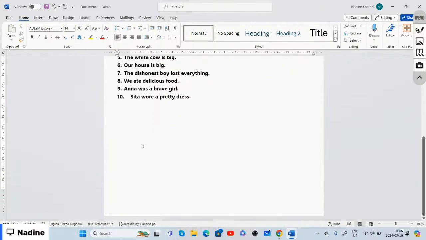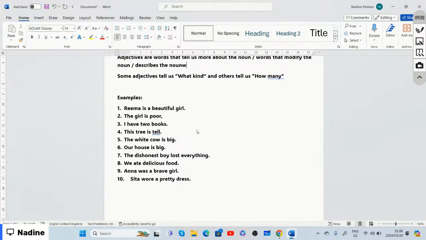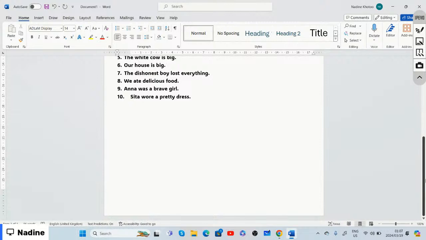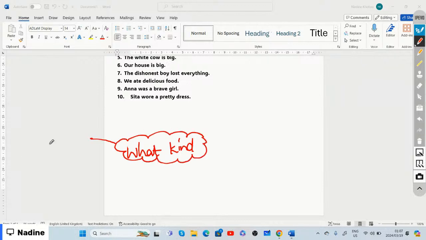So if we say what kind, then you can maybe describe a dress as in the color.